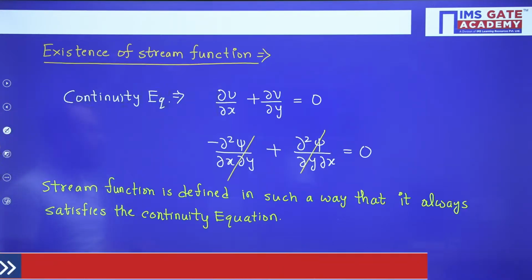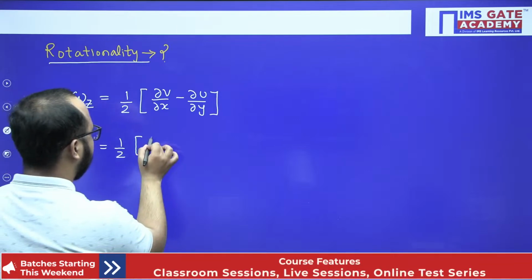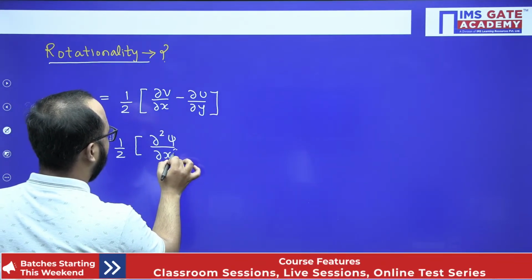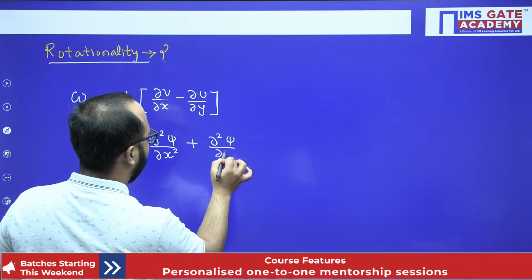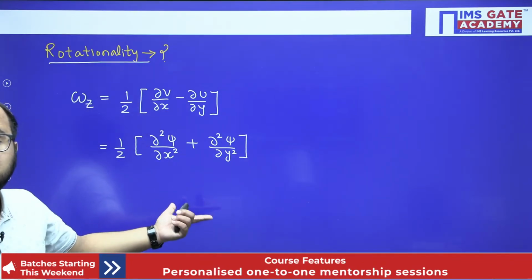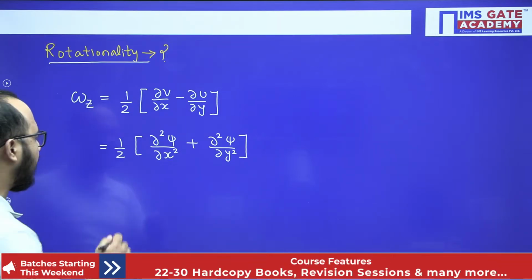Now what is v here? v is ∂ψ/∂x, plus like this. So now it becomes basically the Laplace equation for the stream function, right?